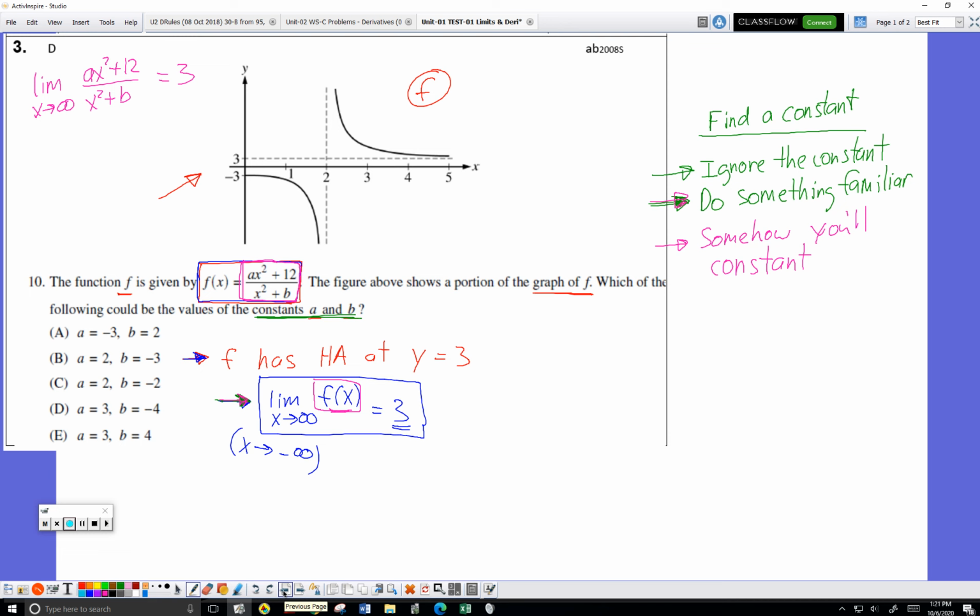Christine said, I look and say, x squared is being added to b, x squared is being added to 12. So I've got this plus this. 2 points for Christine. Just say it out loud, which one dominates? X squared. So my next line can say x squared here.